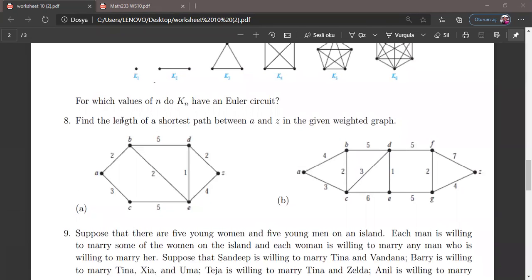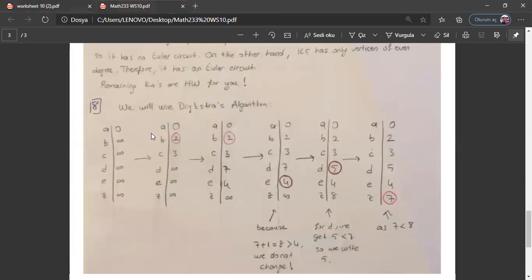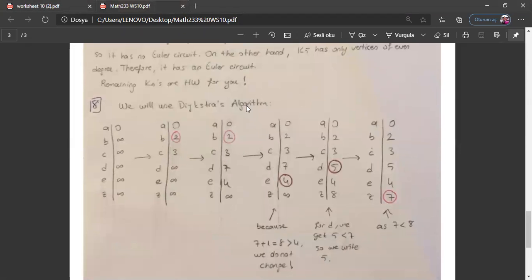Now we will find the length of a shortest path between A and Z. As you can guess, we will use the algorithm. First, the starting point is A, so you put 0 here, and the remaining should be infinity.